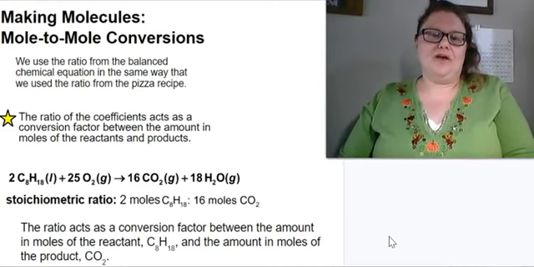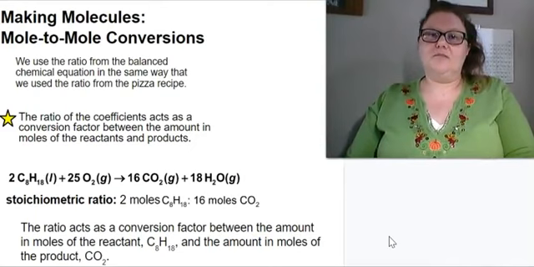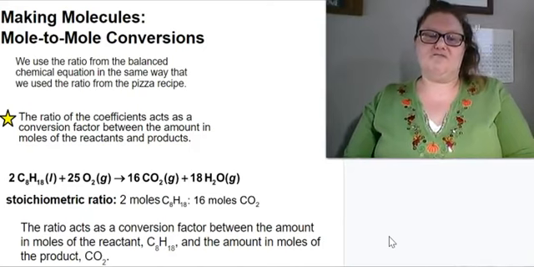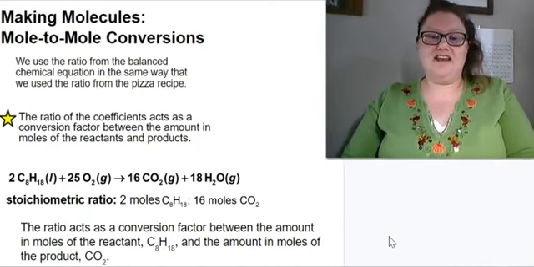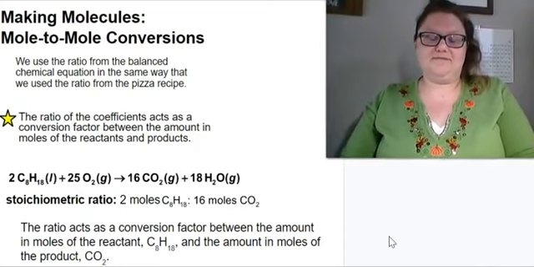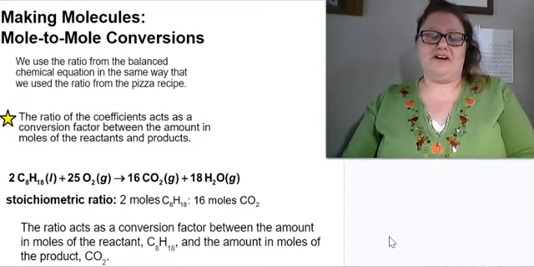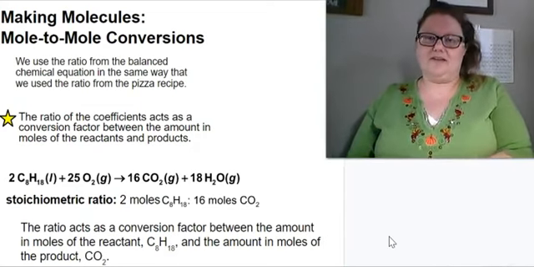So with a chemical equation, the coefficients are called mole-to-mole ratios. The coefficients represent how many moles of each substance are needed in that chemical equation. Now, I know I said molecules before when referring to the coefficients, and I just want to take a second and clarify that.